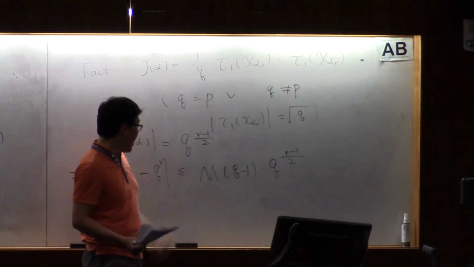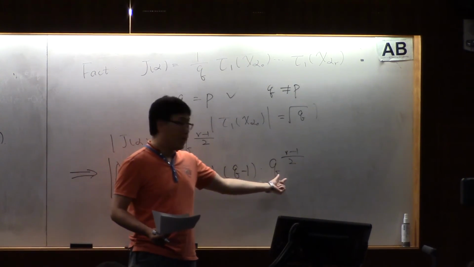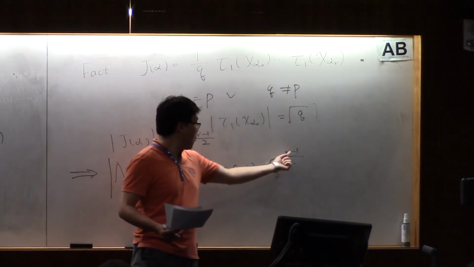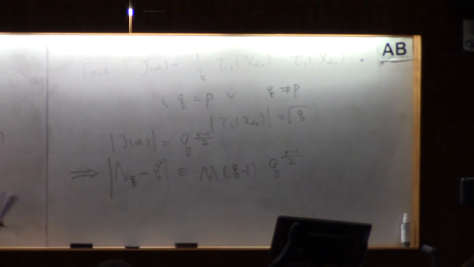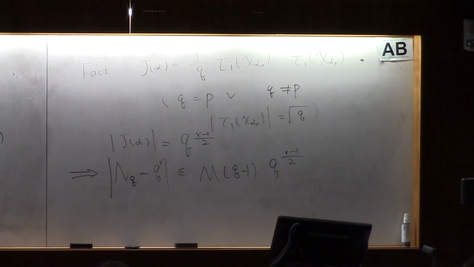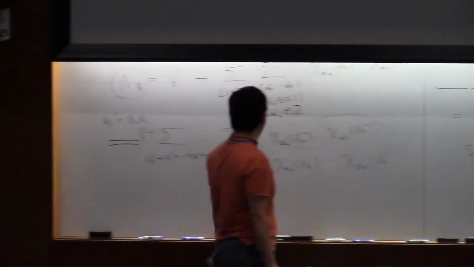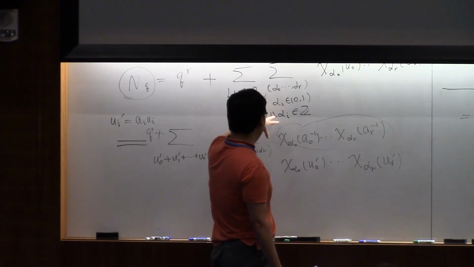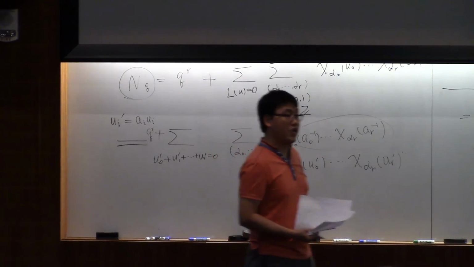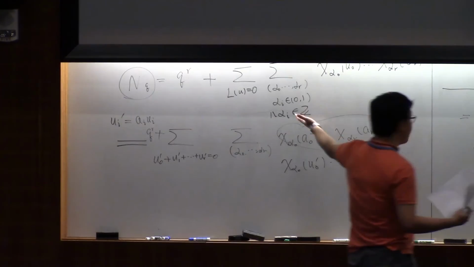It is some number m times q minus 1 times q to the (r minus 1) over 2. What is this m? This m is just the number of these r plus 1 tuples, where each of these alpha i should be between 0 and 1, and n times alpha i should be an integer.